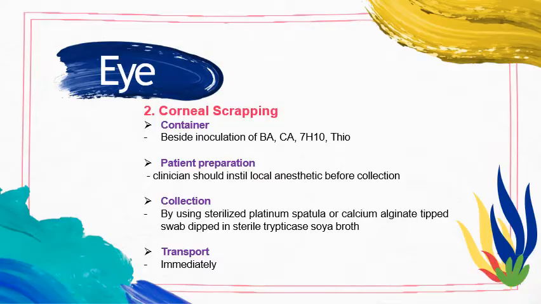Corneal scraping. So, besides inoculation of your blood agar, chocolate agar, your 7H10 agar, and your thioglycolate broth. Now, your blood agar is an enriched and differential medium that contains sheep blood. During our college time, we used human blood.